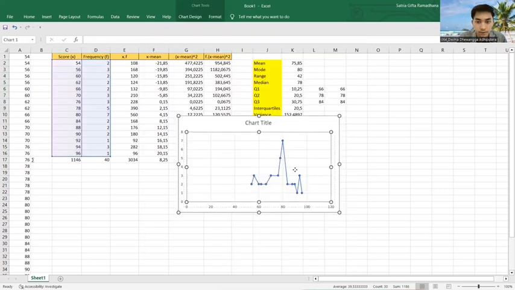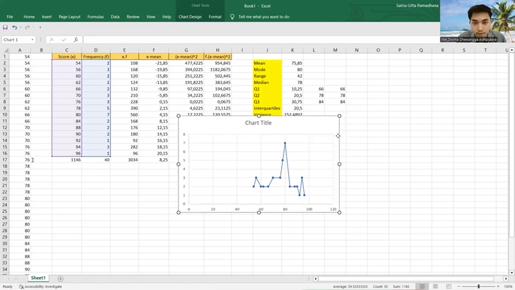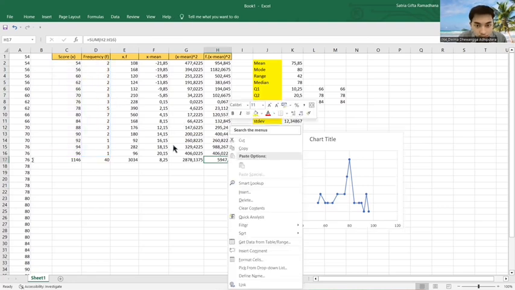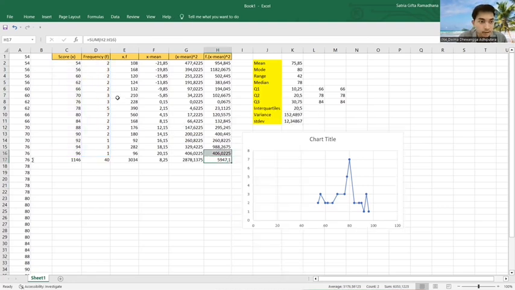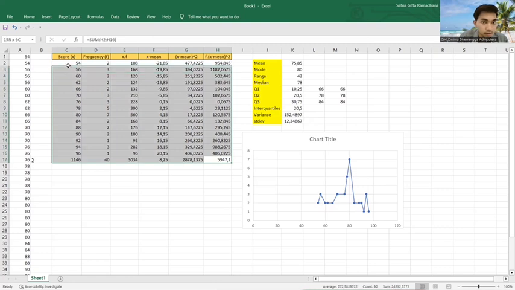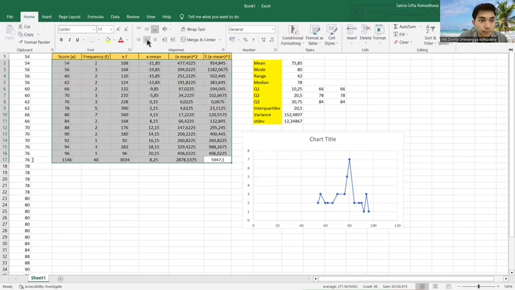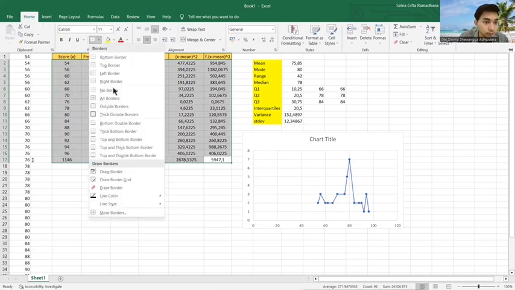So now we already have the polygon, and just tidy it up, just needs tidying up. Don't forget to add border.